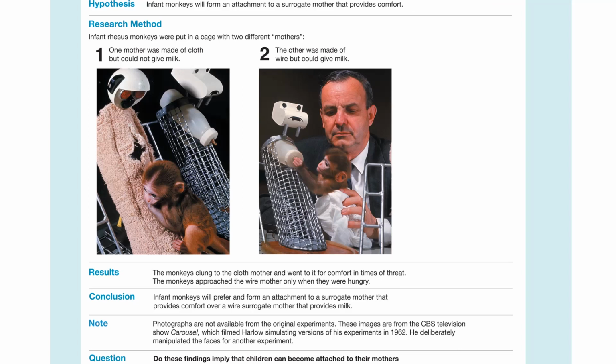So he would send in a little noisy robot machine to scare these baby monkeys, and see where they would go, and they would run to the cloth mother. In fact, they only went to the wire mother when they were hungry and had to eat. They didn't spend any extra time there. I've seen pictures where they keep clinging to the cloth one while they put their mouth over to eat. They wanted to keep holding on to it, and so they really didn't like the wire monkey.